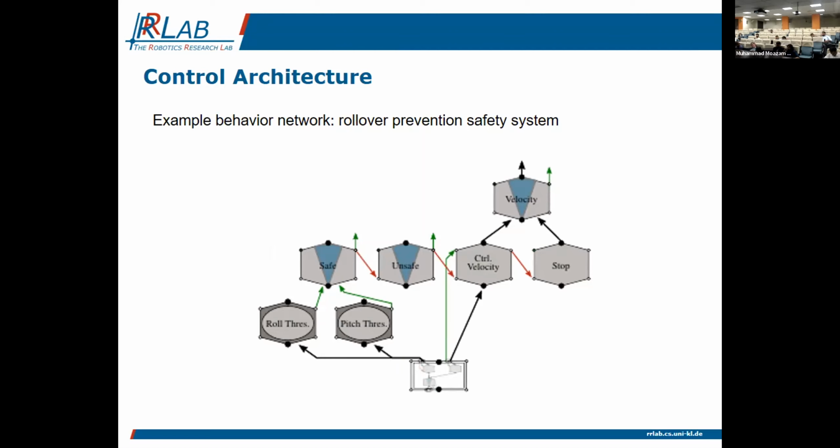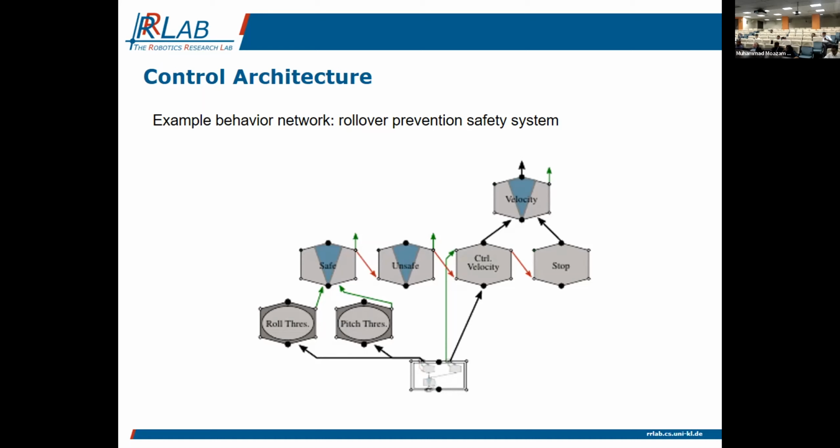That means we have an area where the robot is able to drive if it is in between the angle of inclination, for example, between 0 and 45 degrees. And if we are in this area, and for example, for the pitch threshold, we get a signal that we are safe, so we unlock the safe mode, and we are allowed to control the velocity.